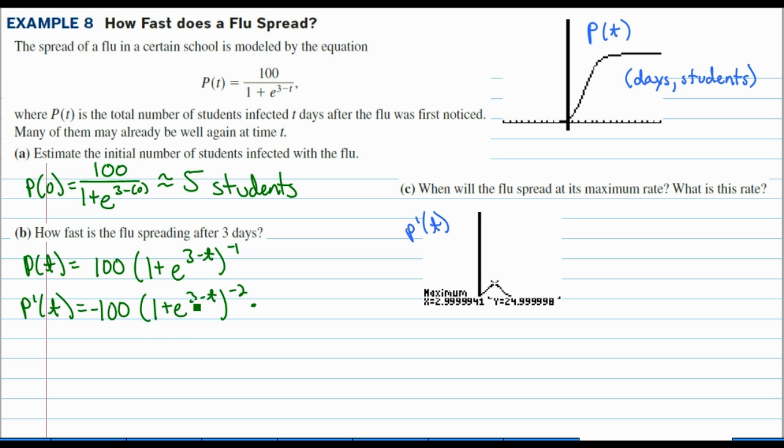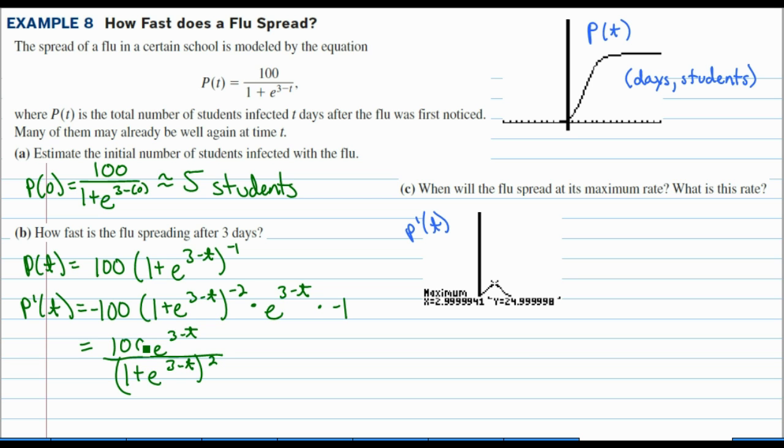The derivative of e to the u is e to the u, and then times the derivative of u, which would be negative 1, turning that 100 back into positive. So now I've got 100 e to the 3 minus t all over 1 plus e to the 3 minus t squared. So that's the messy derivative.